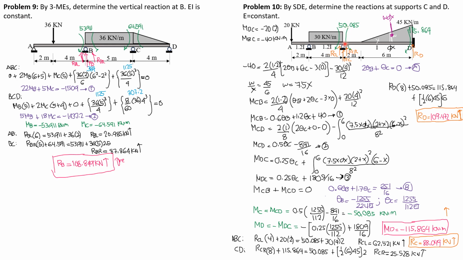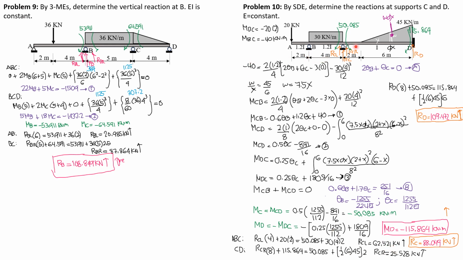Moment at C is, remember, moment CD, that's why this is counterclockwise. Because for positive moment at C, it should be clockwise from sign convention or from our guide, Smiley. So equals 50.085 plus the moment of this load 30 times 4 times 2. So RC left is 62.521 kilonewtons upward.